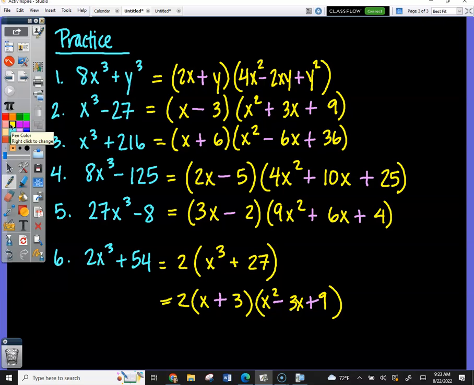Your practice assignment, I printed this to help with kind of a summary, like, hey, if you're practicing at home or in Flex and you forget, here's a flow chart. There are problems on the back, and initially these are the ones I wanted you to do. IXL lets you know if you got it right or wrong. How about this? Your homework assignment is the 12 problems on the back.